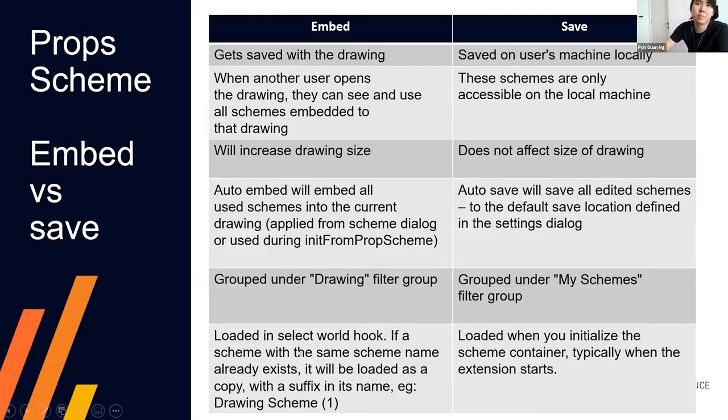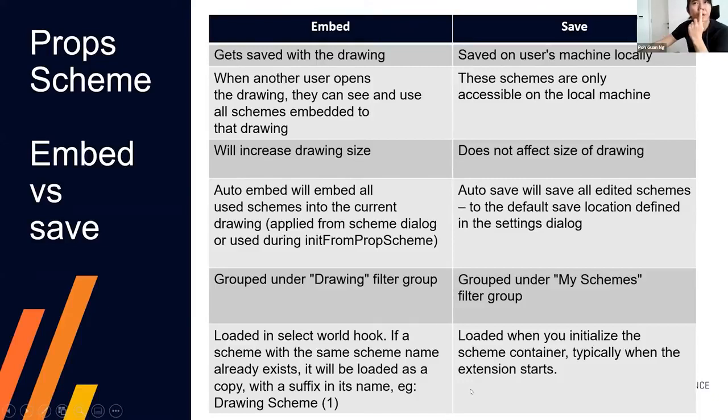And then, the timing. So the load timing that I talked about just now. The load timing is a little bit different for all the schemes saved locally. It's loaded when you initialize the scheme container. So normally when the extension starts, the saved schemes will get initialized and loaded.